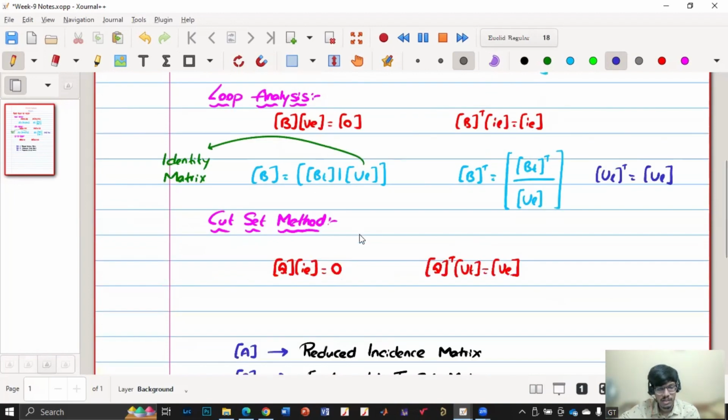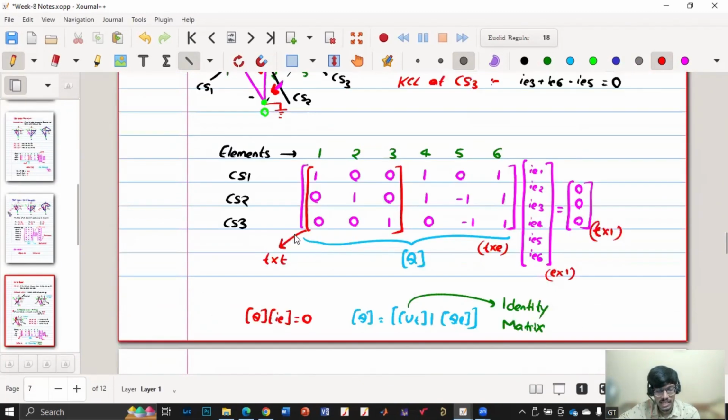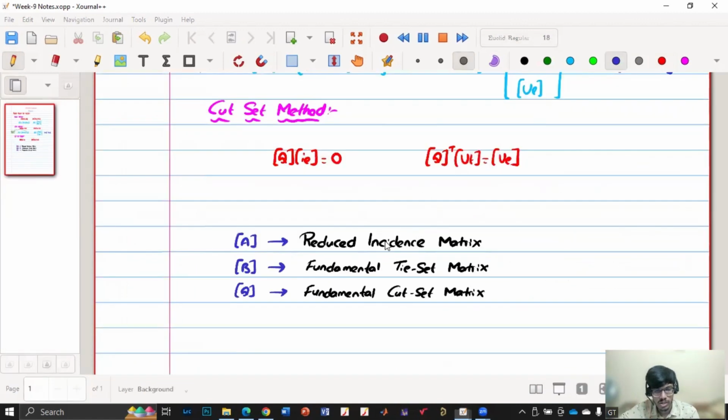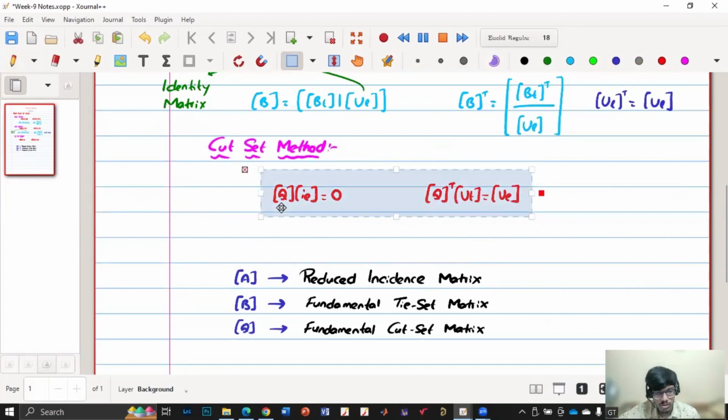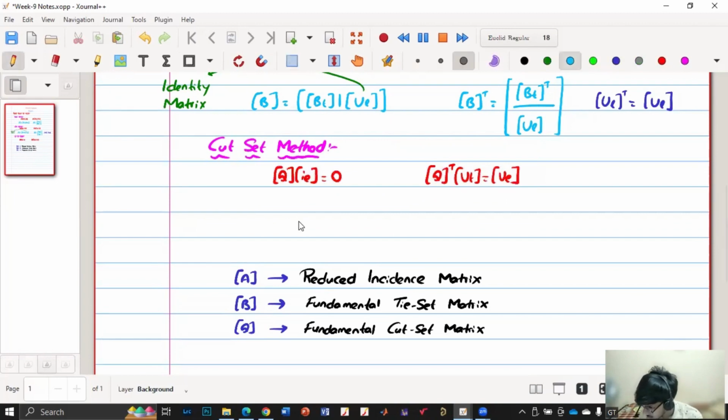Similarly, for cut set method, we have identity matrix at the beginning. So for the twigs, it is identity matrix. For the links, it is non-identity matrix, you can say. So if I do the same thing for this part also, let me write Q. So here we have Q is equal to U twigs and then Q links.